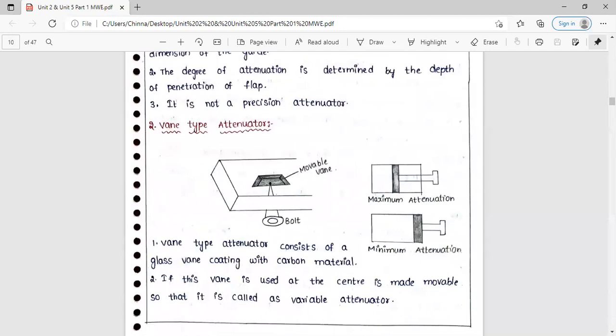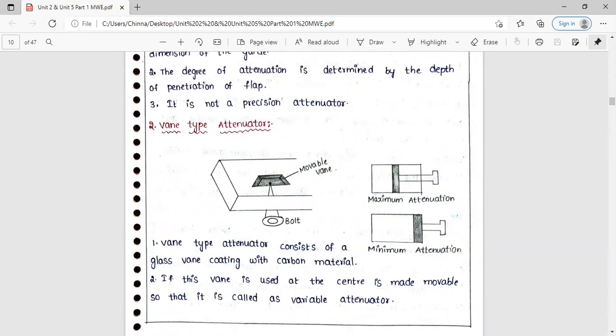And coming to the vane type attenuator. Here the vane type attenuator consists of a glass vane coated with carbon material. Here you can see the position of the attenuation will be different from the flat type.